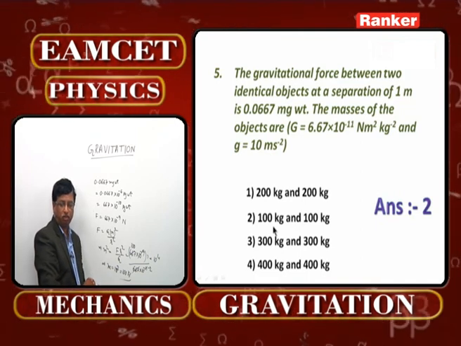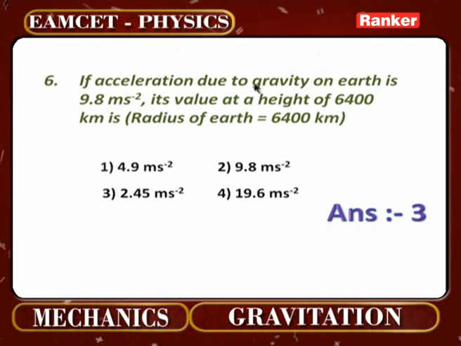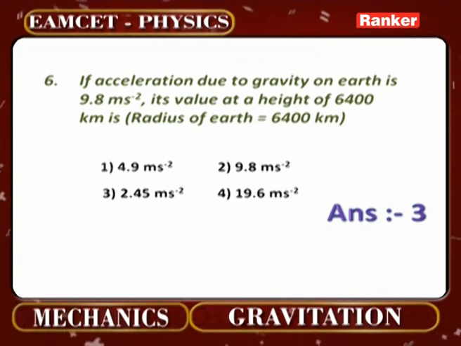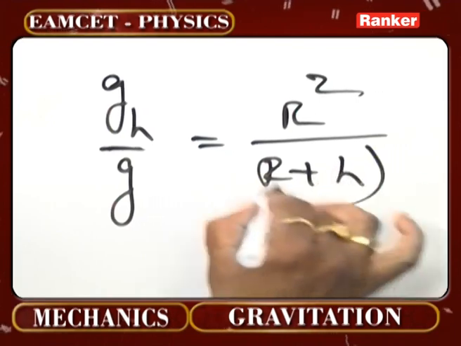Now look at the next problem, that is problem number 6. If acceleration due to gravity on earth is 9.8 meter per second square, what is its value at a height of 6400 kilometer? In fact, all of us know the radius of earth is also 6400 kilometer. Regarding the altitude effect, g at an altitude h by g is equal to r square by r plus h whole square.